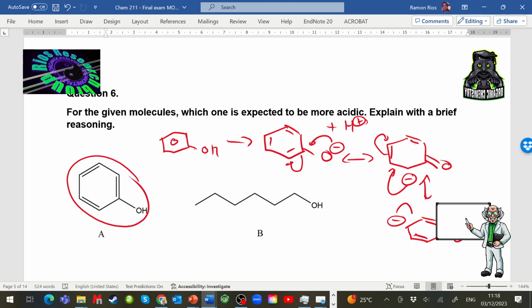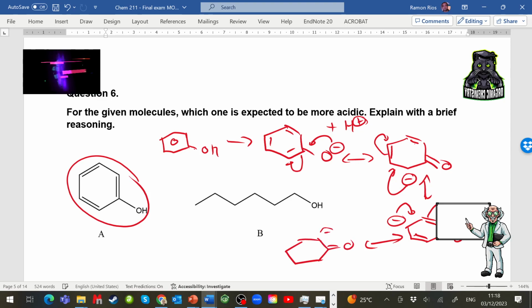One more, move the electrons here, this is going here. That means I have 4 resonance forms.